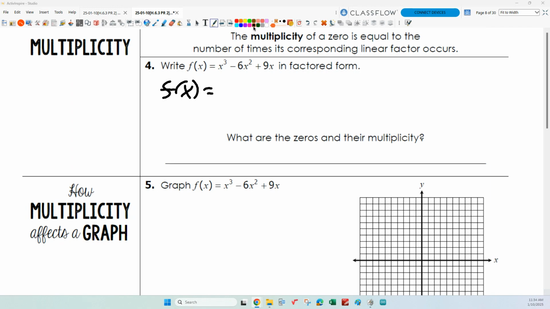So is there something I can undistribute from each term? I could undistribute an x, everybody agree? So I get the GCF, x. What's left behind when I undistribute the x?